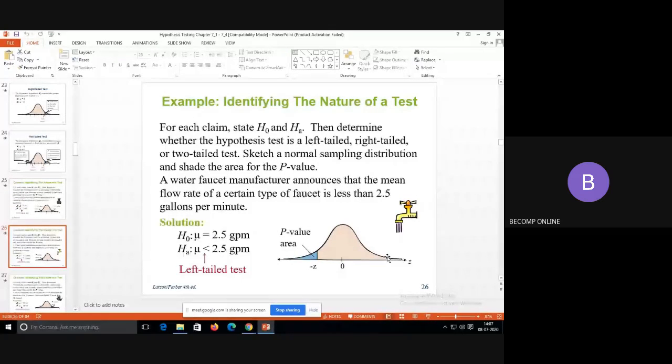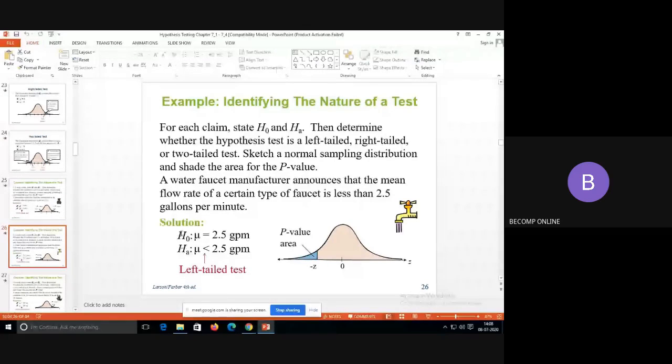We have another similar example. A water faucet manufacturer announces that the mean flow rate of a certain type of faucet is less than 2.5 gallons per minute. I repeat the problem statement. A water faucet manufacturer announces that the mean flow rate of a certain type of faucet is less than 2.5 gallons per minute. If you observe here, they have given the mean value, that is mu.